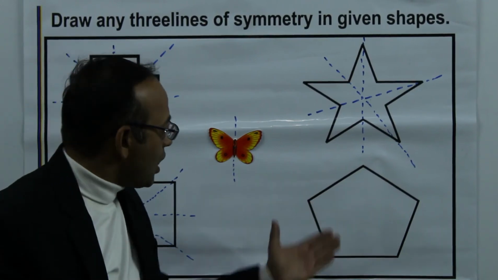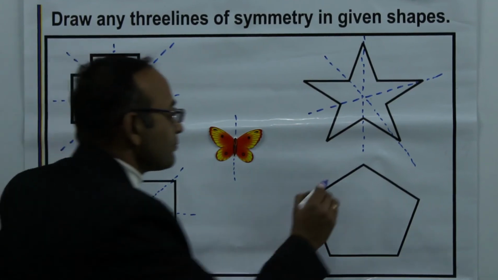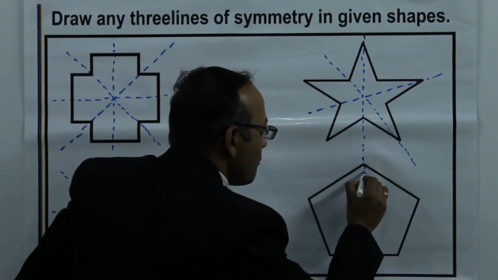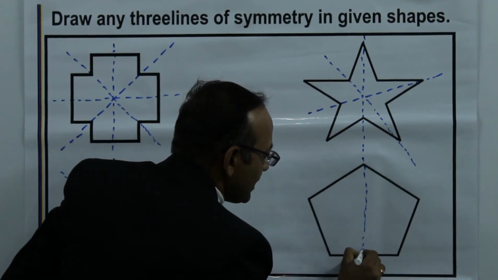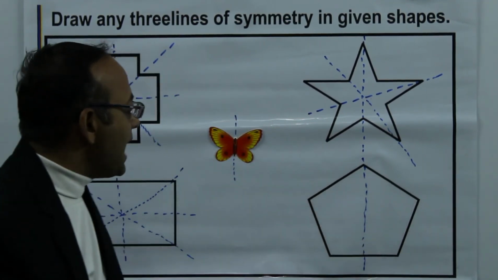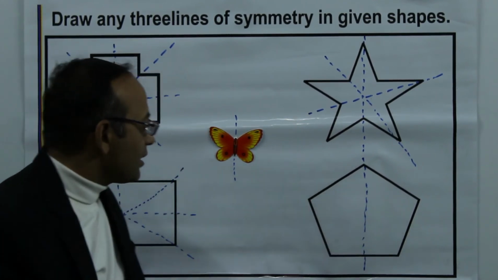Look at here. How many lines of symmetry? Let's look at here. One line of symmetry. It divides into two equal parts. So it is the line of symmetry.